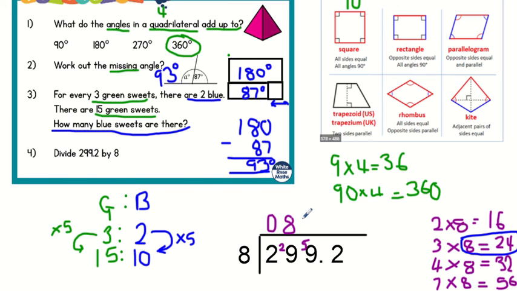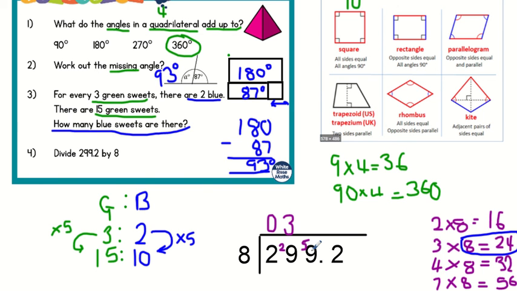So it goes 7 times. I've just realised a mistake I've made there, Year 6. Let me just go back a step, because I'm sure you've spotted it at home. I put 8 up there, but actually it was 3 lots of 8, which made 24. So that should be a 3 with a remainder of 5.